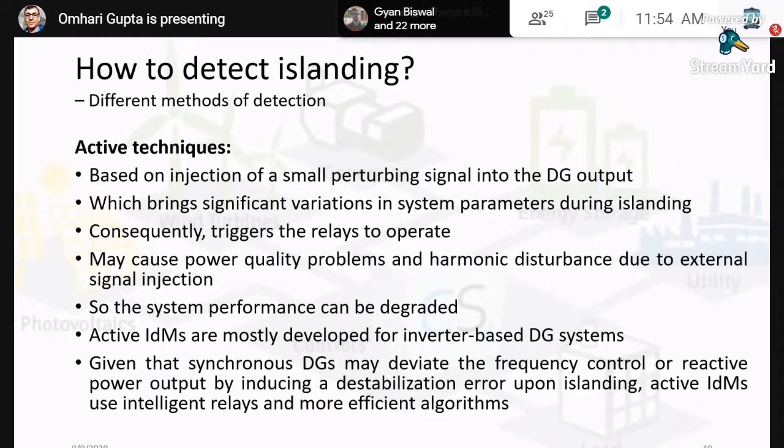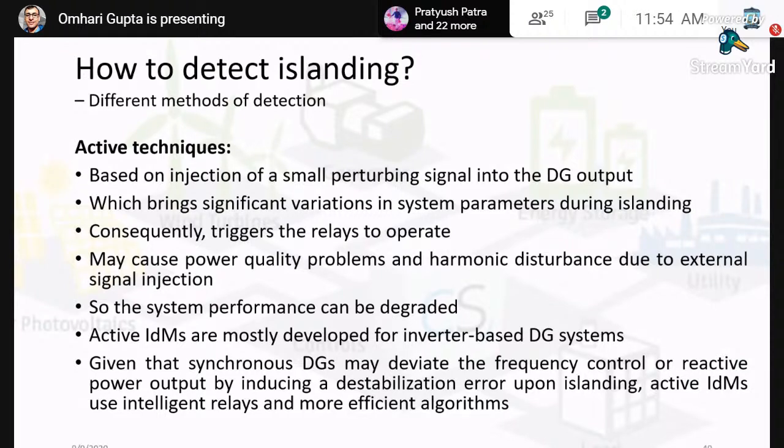Consequently, it triggers the relay to operate if these parameters deviate from the limits. It may cause power quality problems and harmonic disturbances due to external signal injection. Because if you are continuously injecting something into the system, there will be total harmonic distortion, and that may exceed the required limits.